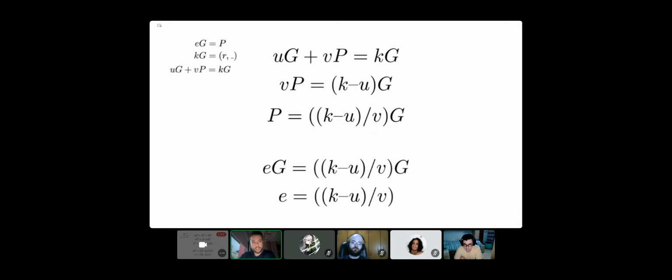Remember, K is the random number that I generate R from. So I will also commit R into my calculation here, which makes it way harder for someone trying to fake this thing to guess.